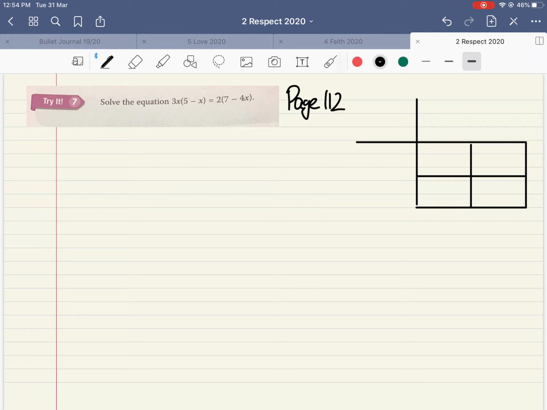Alright, we're back. I hope that you have really given it a shot and tried to solve the equation here. The first step that we should do, if you say that we should expand, that is correct. So let's expand both sides of the equation, the left hand side and the right hand side. That will give me 15x minus 3x squared equals 14 minus 8x.